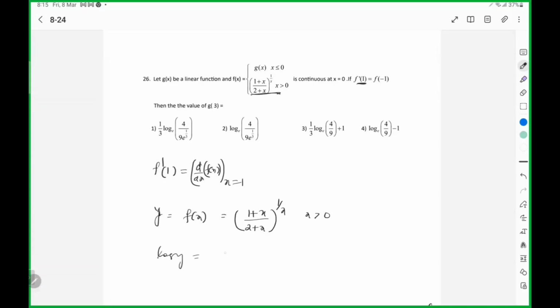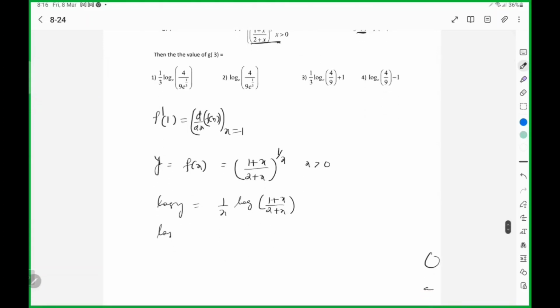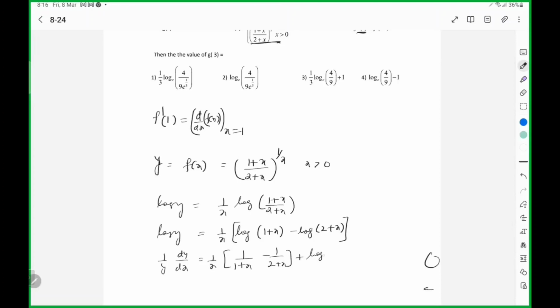Take log both sides. Log y here is 1 by x log of 1 plus x by 2 plus x. So 1 by y, 1 by 1 plus x minus, derivative is this.